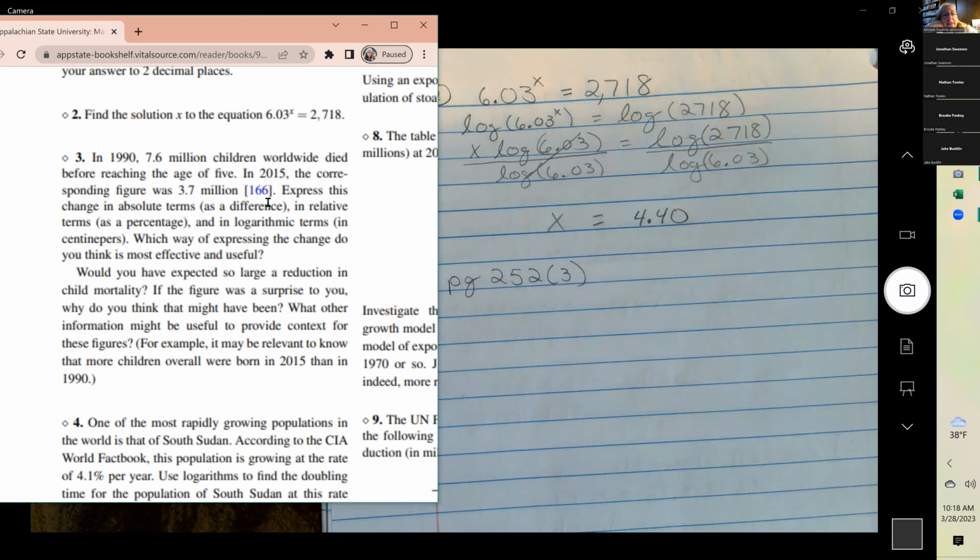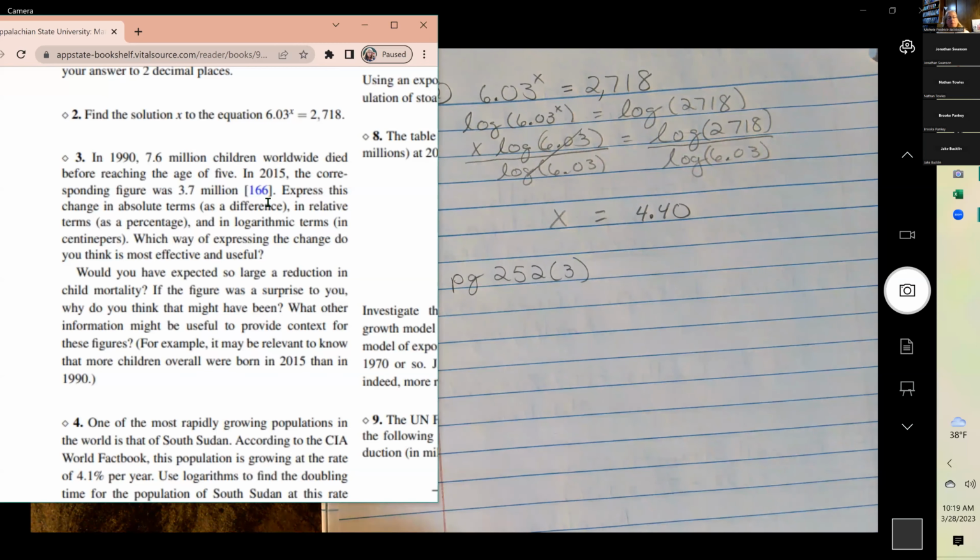In 2015, the corresponding figure was 3.7 million. Express this change in absolute terms, in relative terms, and in logarithmic terms. Which way of expressing the change do you think is most effective and useful?